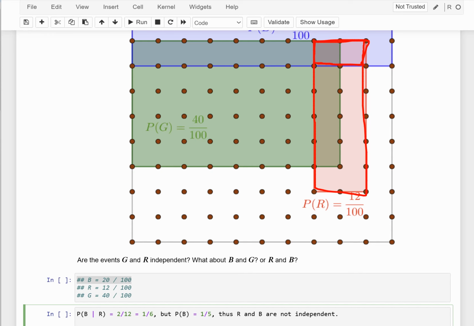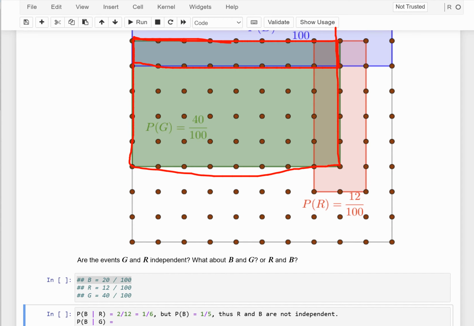Okay, well, that's interesting. So let's look at some others. Let's look at the probability of blue given green has already occurred. So what's that? Getting rid of some of our marks here. If we know that green has already occurred, we're looking at this rectangle, of which this many are blue. Again, this is why the unreduced fractions help.